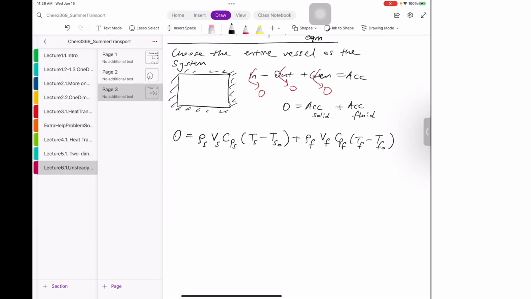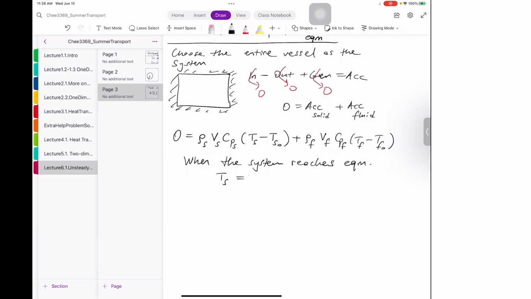And from here, you can say what happens when the system reaches equilibrium, right?